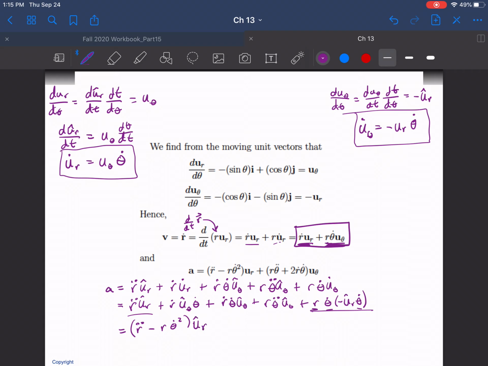And then we've got plus, and now we have all these three to combine together here, right? Well, this is r dot theta dot, this is r dot theta dot. So those two we can combine into a 2, and this one's by itself, it's r theta double dot. So this becomes r theta double dot plus 2 r dot theta dot, and those are in the u theta direction.